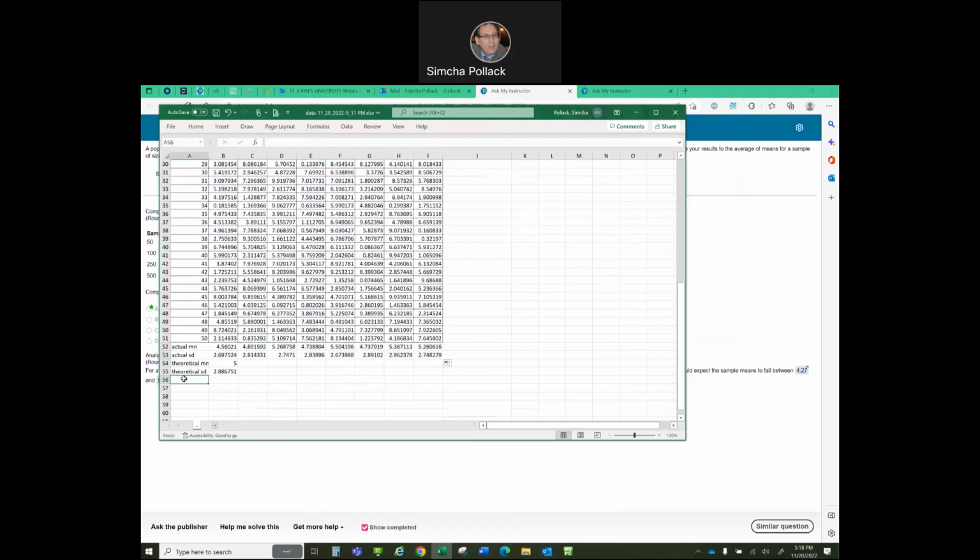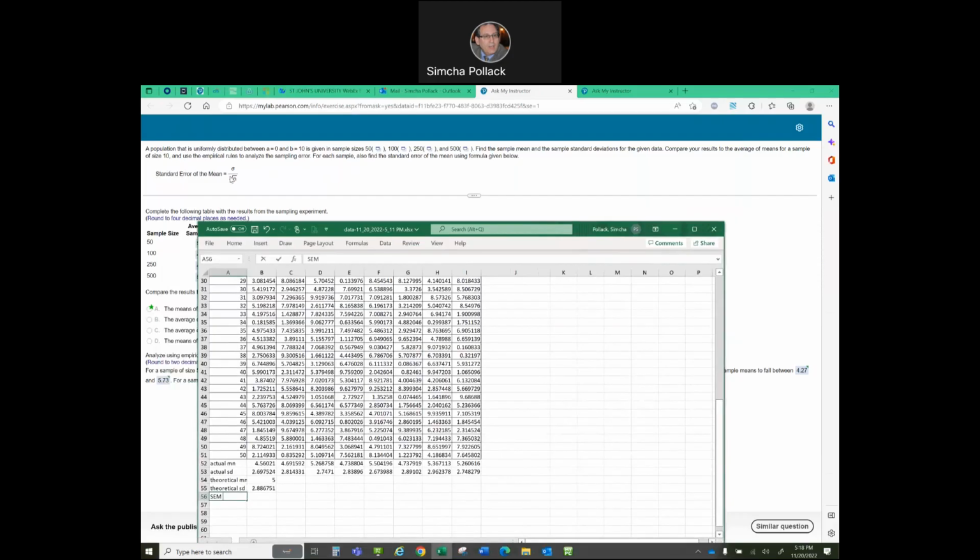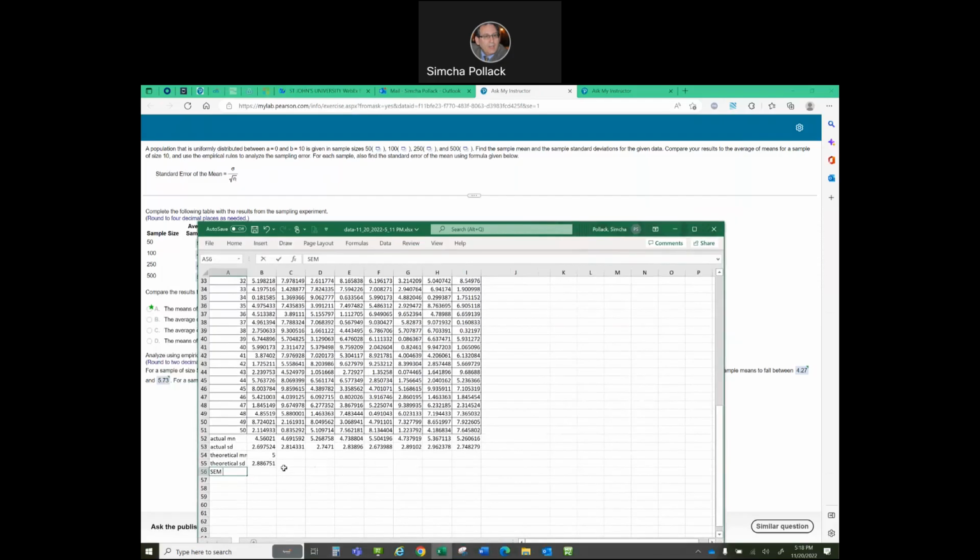Now, we have one more concept called the standard error of the mean, which is up here. That's equal to the theoretical standard deviation, which we just know is B55, divided by the square root of the sample size, which in this case was 50.